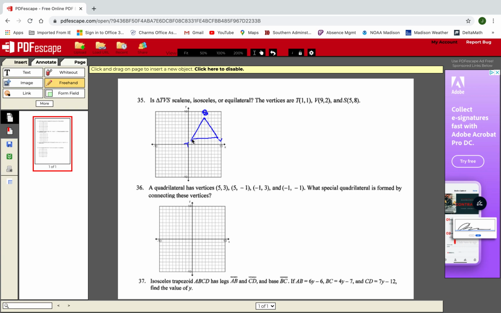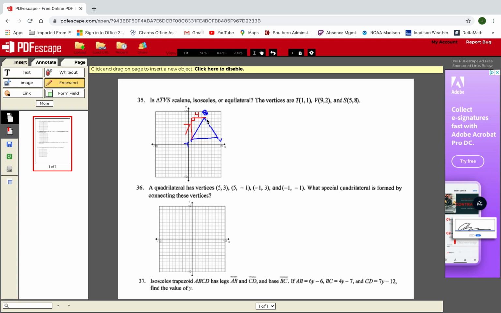So we need the slope, make a slope triangle from T to S, which is a right triangle where the legs of the right triangle are the slope. So the rise from T to S, 1, 2, 3, 4, 5, 6, 7. The rise is 7. And the run from T to S, 1, 2, 3, 4. Okay.